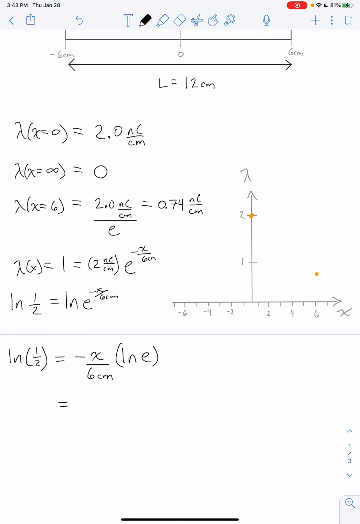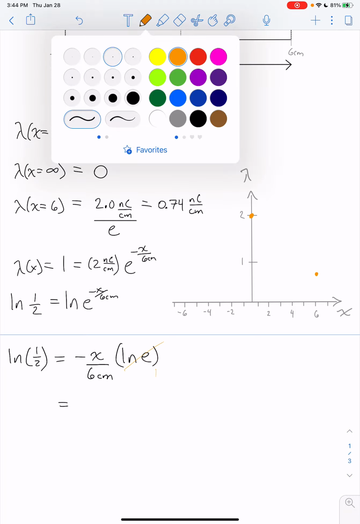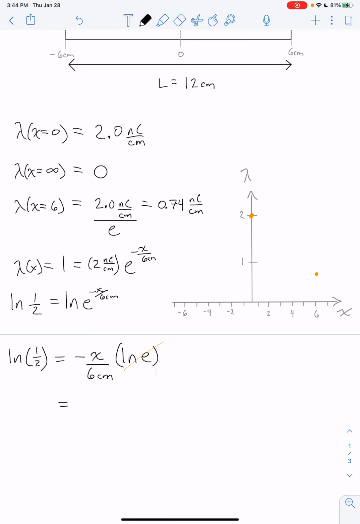Okay, well this is great because the ln e is 1, so that disappears. And just kind of make a note of that. And then what we're left with is ln 1/2 is equal to negative x divided by 6 centimeters. So we'll rearrange for x.